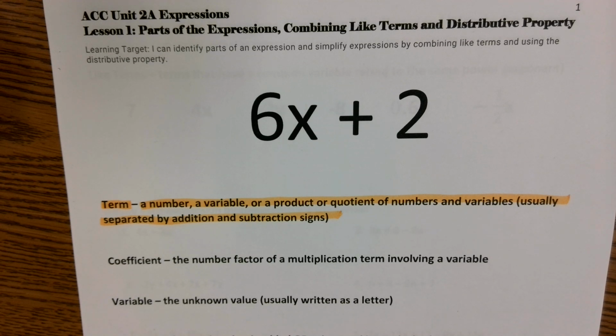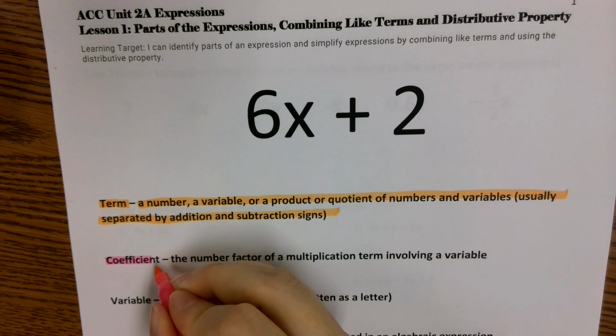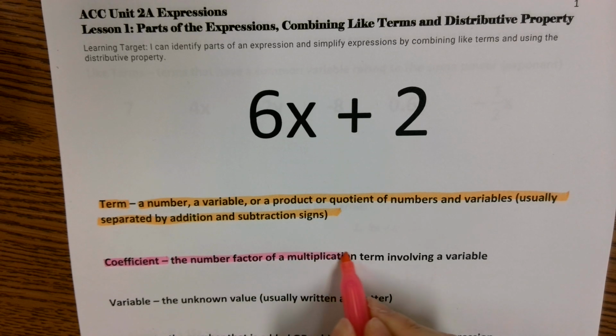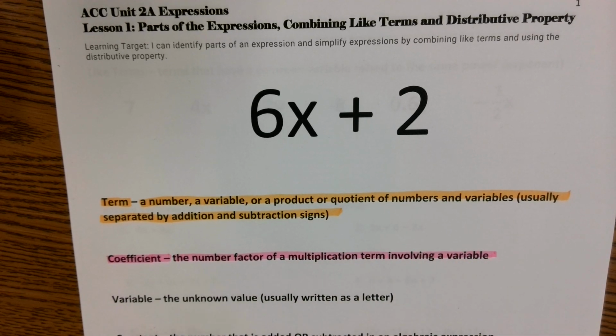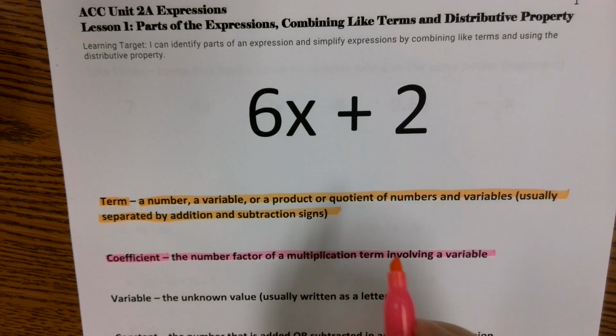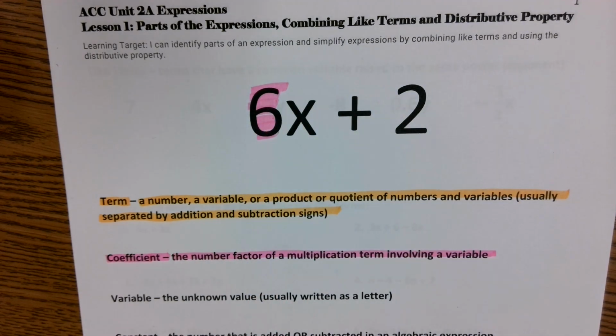Then we have our coefficient. I'm going to highlight coefficient in pink. The coefficient is the number factor of a multiplication term involving a variable. So here's what I mean. If I'm looking up here in my expression, this number right here, 6, is my coefficient.